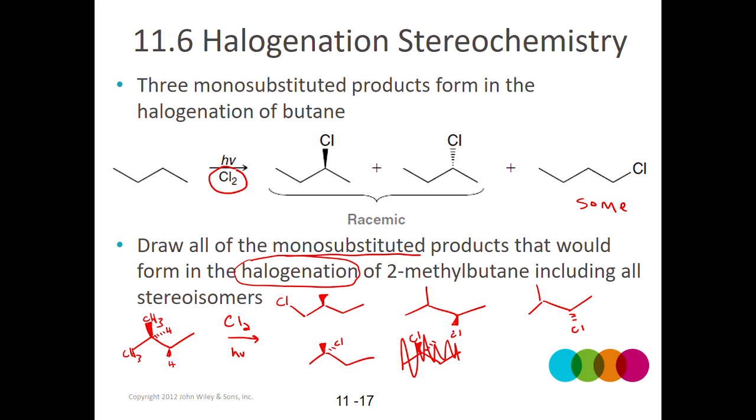There's 4 unique groups attached there, and when 2 structures are stereoisomers because they're identical in every way except the spatial positioning of a group, if there's only one chiral center and they have opposite configurations at that center, that makes them enantiomers. So that would produce two more potential products from replacing the hydrogen at that carbon. And then finally, if I replace the hydrogen with the chlorine, I'd get another product.